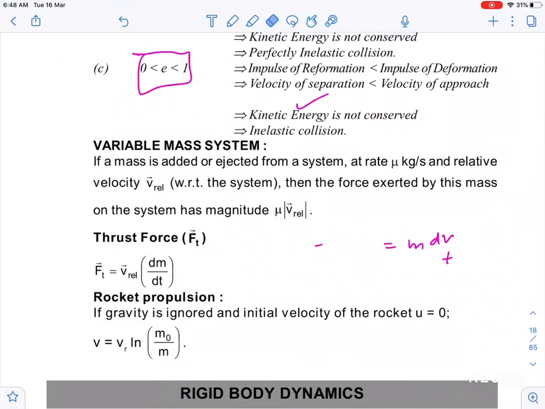Let me discuss how this comes. Suppose, guys, p is momentum, m into v, and force you have to calculate as dp by dt, so m dv by dt you will write plus v dm by dt you will write.